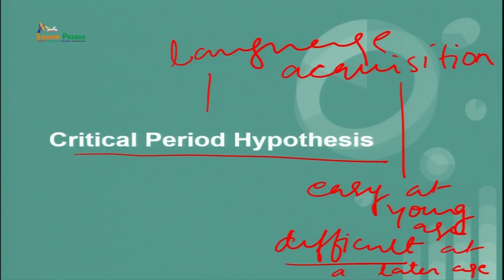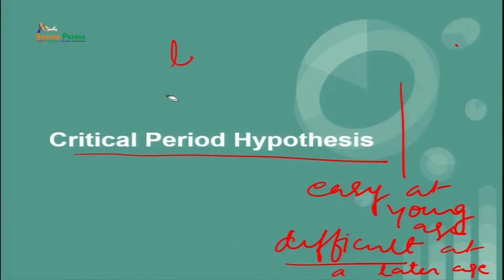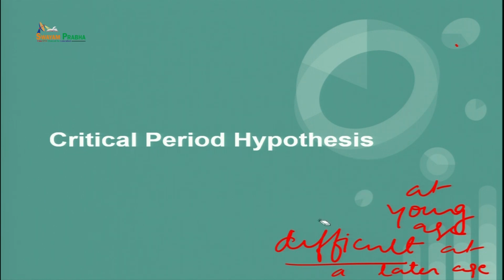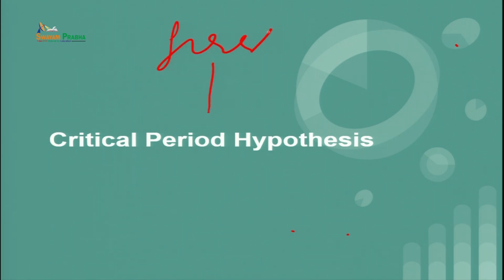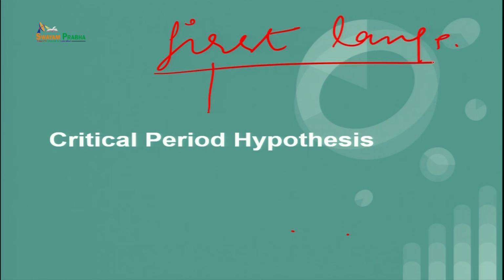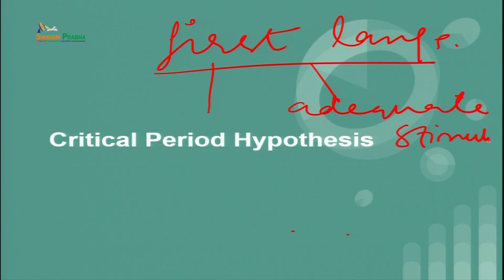Let me tell you that this states that the first few years of life are considered the crucial time in which an individual acquires the first language, okay, first language with adequate stimuli. Now, here stimuli refers to the input which a child gets while growing up.